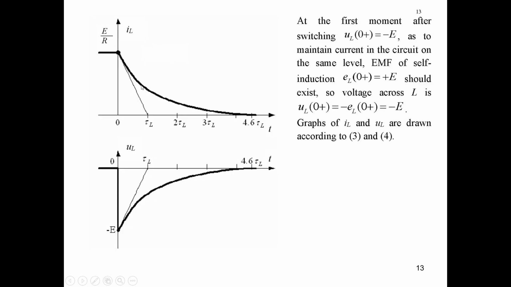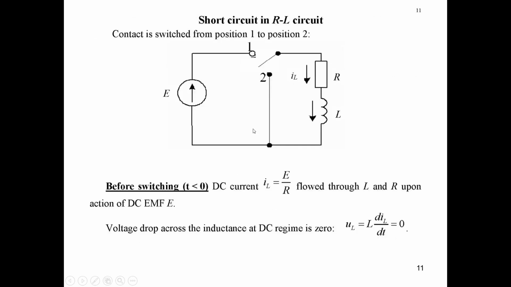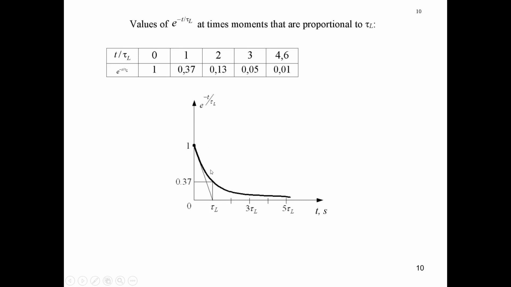And then this current will change in accordance with an exponential law, and it will be almost equal to 0, 1% of the initial value, at the time moment 4.6 tau L, okay? Something like this graph, this exponential function.